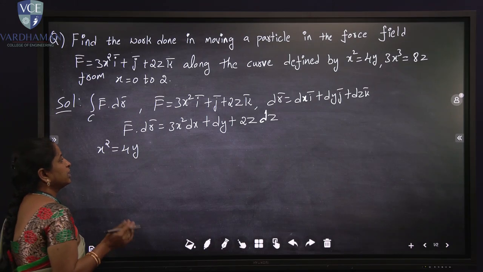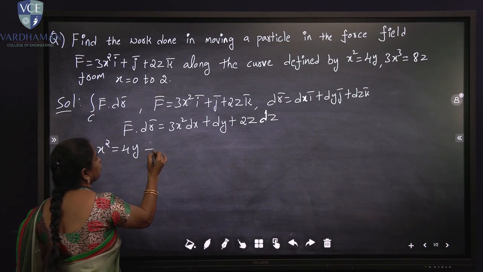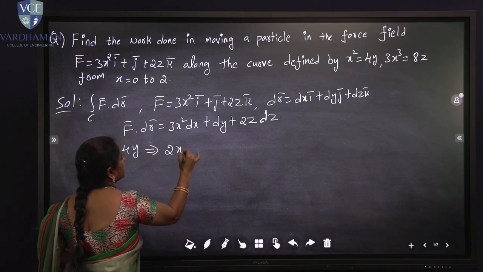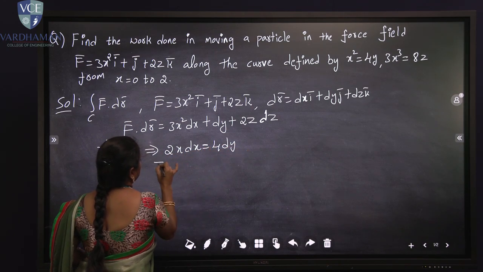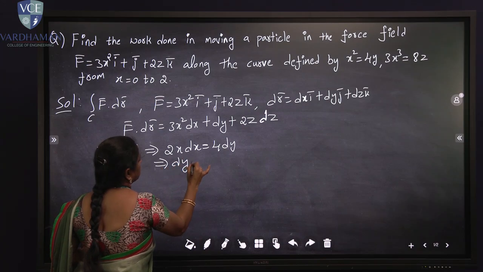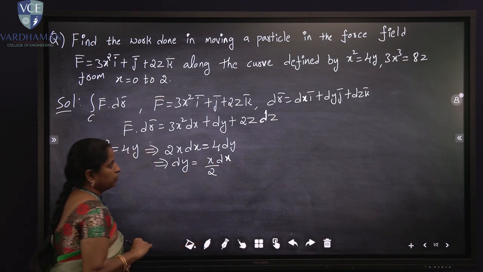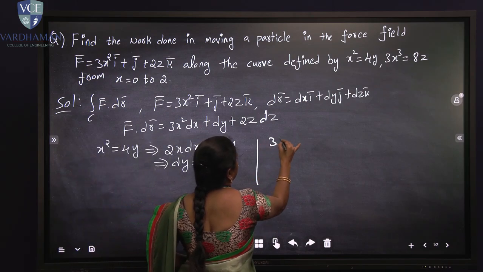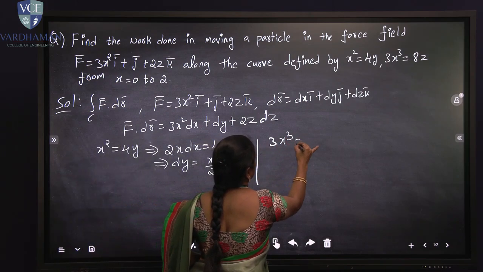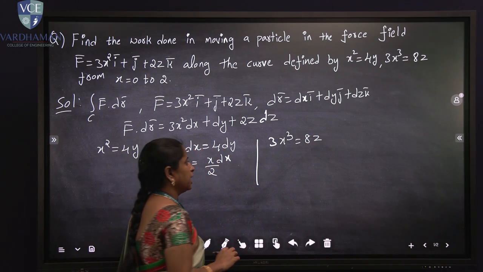Now, they have given the curve x square equal to 4y. So, we will convert all the y terms to x here. So, x square equal to 4y implies 2x dx equal to 4 dy. From this, dy equal to x dx by 2. Next, they have given the curve 3x cube equal to 8z.